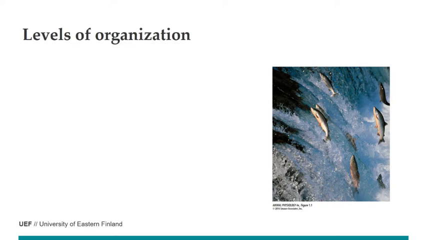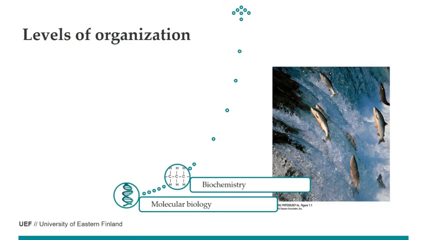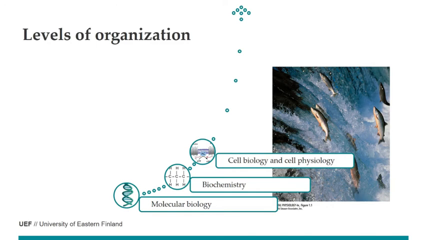That's why we have several levels of organization, and we should study all of them and know at least something about them. First of all, we have molecular biology. What kind of genes does this trout have? How do the gene products interact with each other? That's the biochemistry level. Then we have the cell biology level. If we have muscle cells in this trout, how are they working, how are these proteins working together in the real cell?